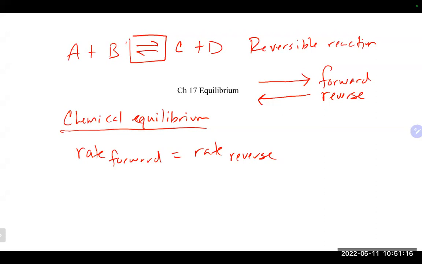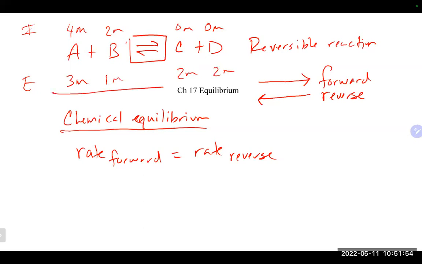Essentially, that locks everybody into place in terms of their concentration, or if you're dealing with pressures, in terms of their pressures. So if we started with 4 molar of this and 2 molar of this, 0 molar and 0 molar initially, when we reach equilibrium maybe we got 3 molar and 1 molar and maybe 2 molar and 2 molar on this side, whatever it may be.